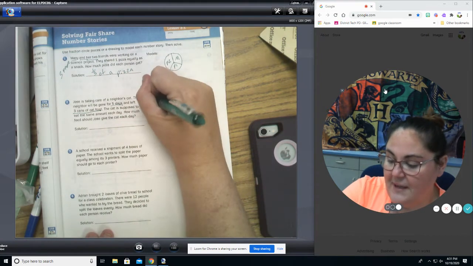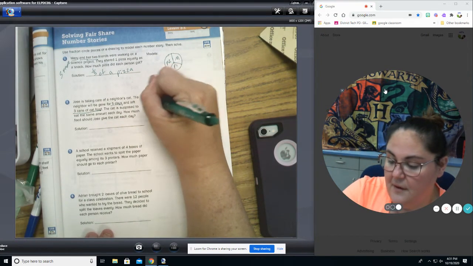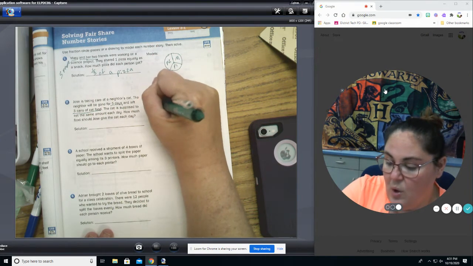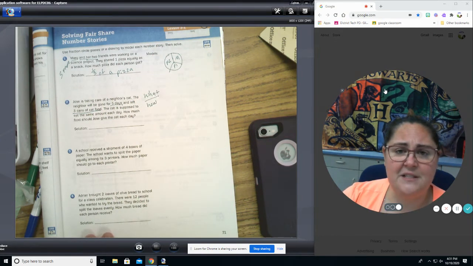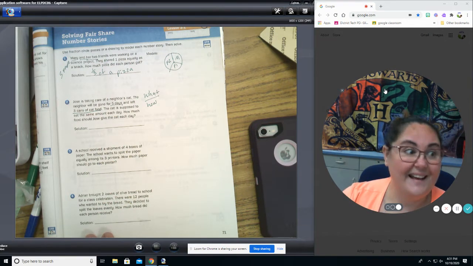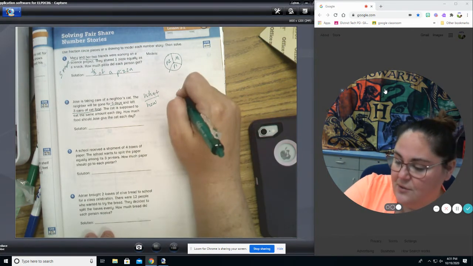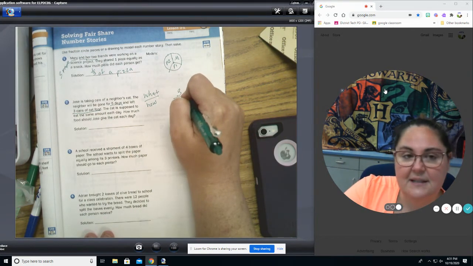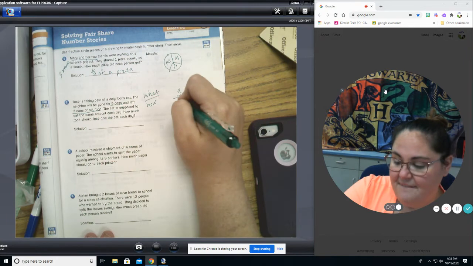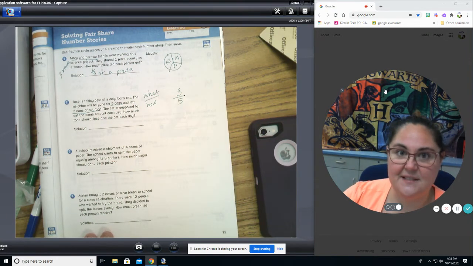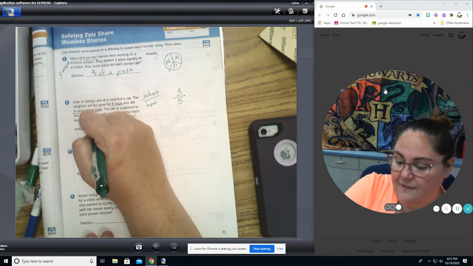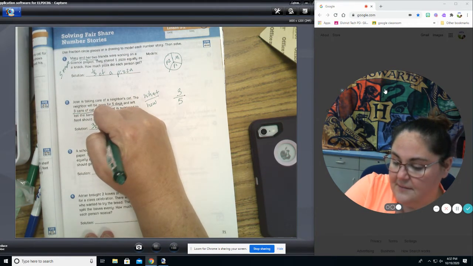How much food should Jose give the cat each day? Remember, what over how? What am I dividing? Am I dividing the days or am I dividing the food? I'm dividing the food. So 3 cans divided by 5 days. So my solution is 3/5 of a can.